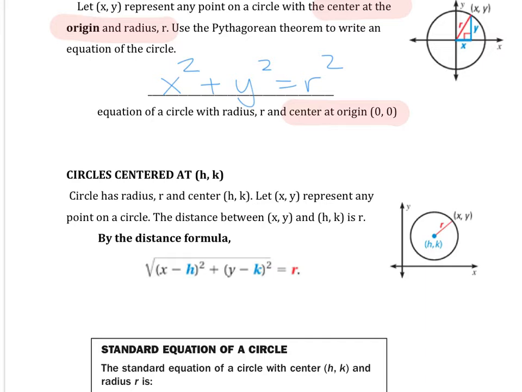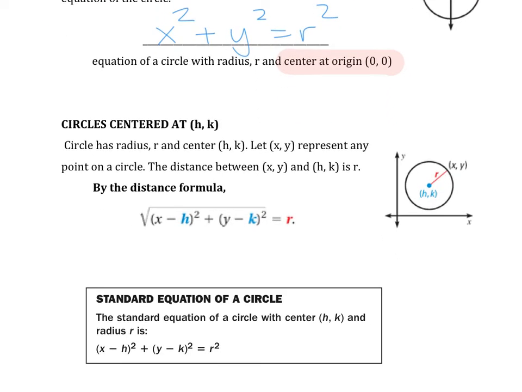What if now we have a center that's at a point called (h, k)? We still can let x, y represent a point on the circle, and the distance between x, y, and (h, k) is going to be the radius r.